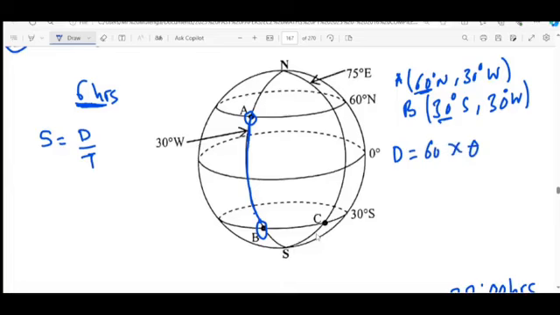The theta will represent the difference in latitude. We need to add because they are lying on different hemispheres. So when you add 60 plus 30, this will give us 90. So distance is equal to 60 times 90.